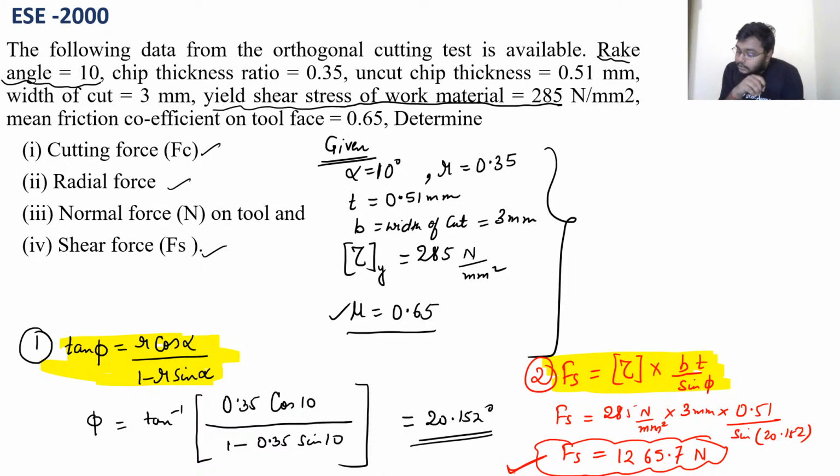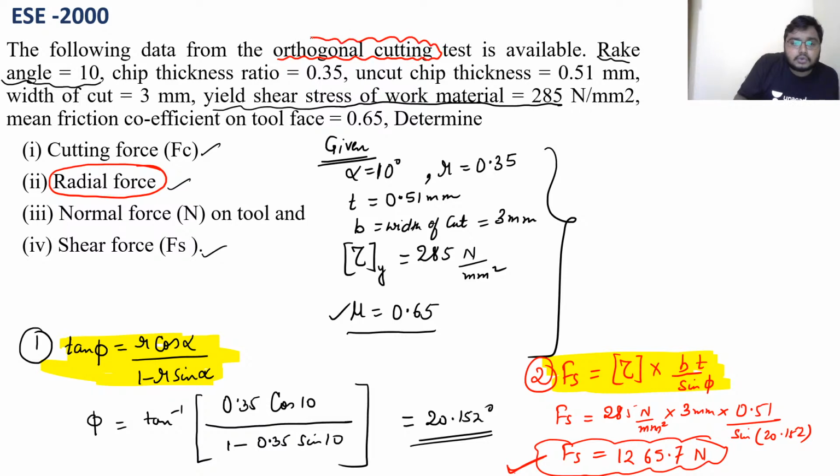Now there is a problem. What is this radial force? Sir, in the question it has been given orthogonal cutting. So what happens in orthogonal cutting, sir? Only FC and FT are there, that is, two forces are there. Radial force will come in the case of oblique cutting.